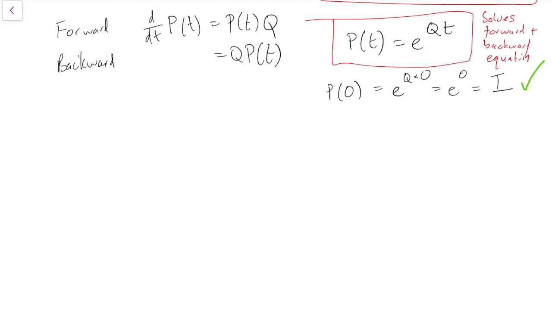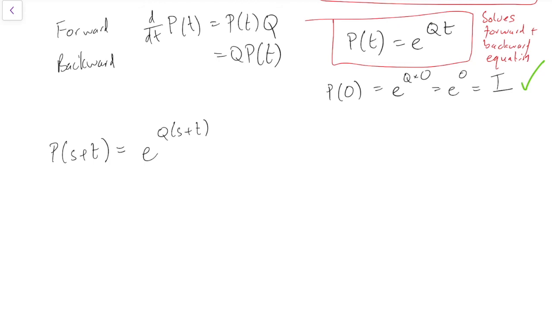I guess whilst we're here, we could also check the semigroup property. If you remember, that's that P of s plus t equals P of s P of t. So using that solution, P of s plus t would be e to the Q times s plus t.